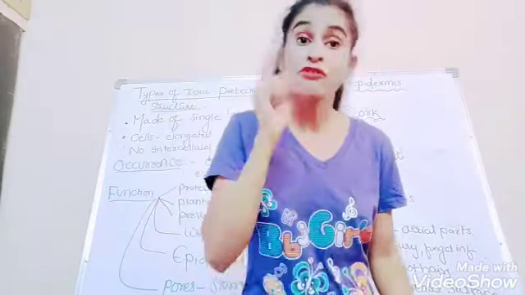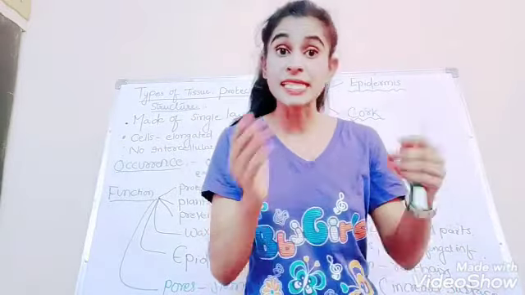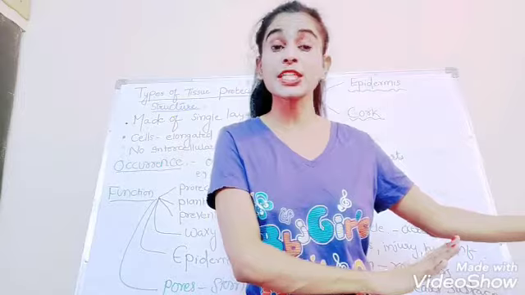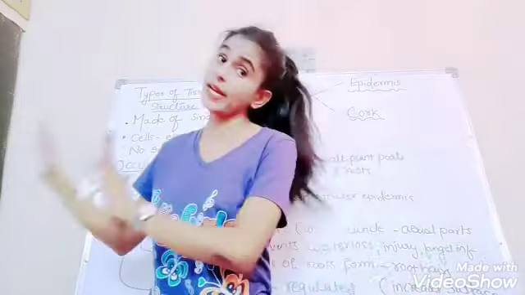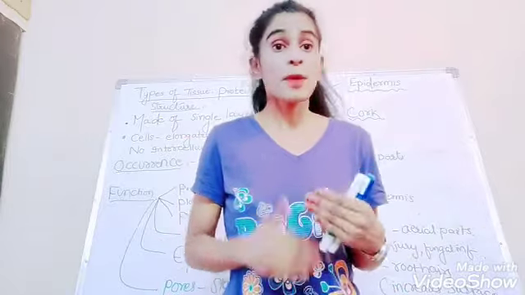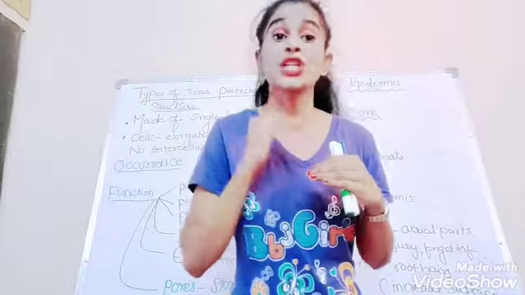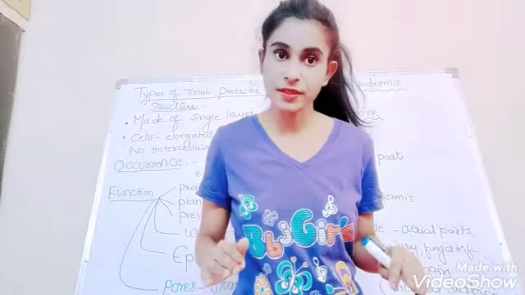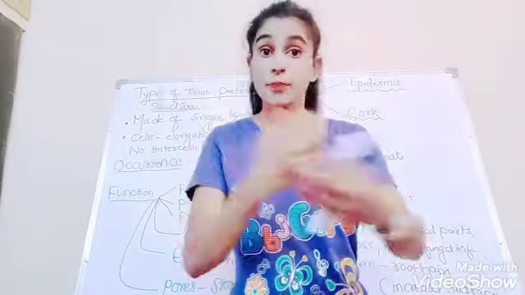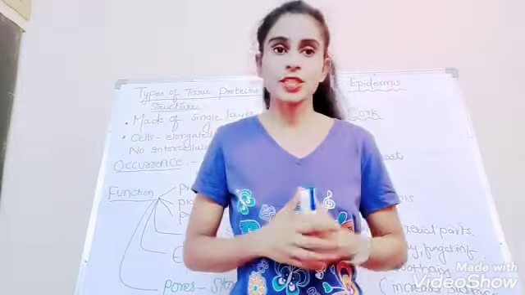Its main function is to provide protection, and hence it is not considered under meristematic tissues or simple permanent tissues. Clear now? So protective plant tissue, its main function is to provide protection.